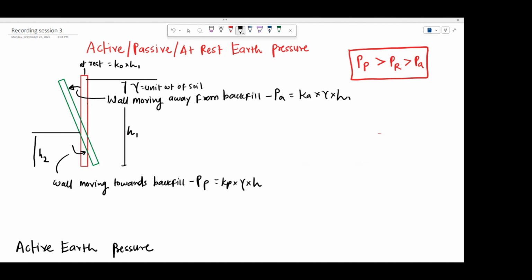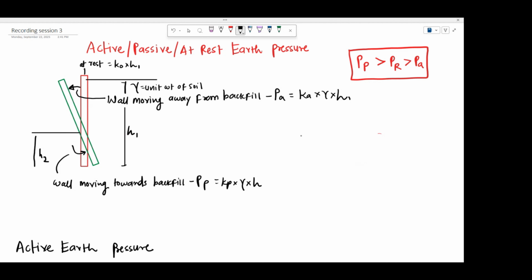If the wall is having some movement away from the backfill, it will exert the active earth pressure, which will be your active earth pressure coefficient multiplied by the unit weight of soil multiplied by the height. And on the other side, when the movement of the wall is towards the backfill, it will exert the passive earth pressure, which will be your Kp into gamma into H.